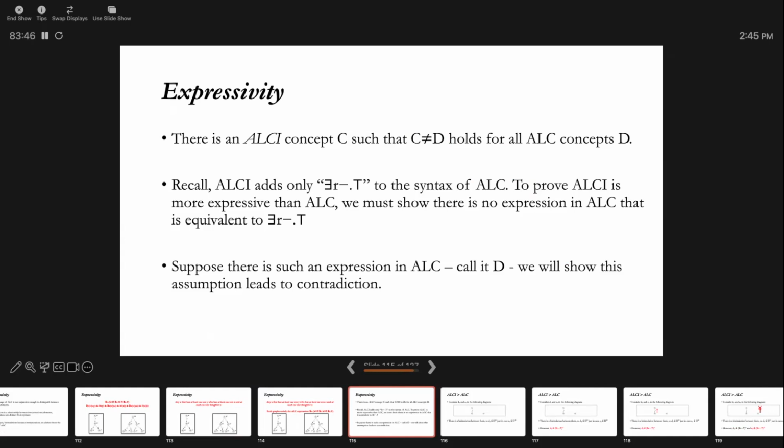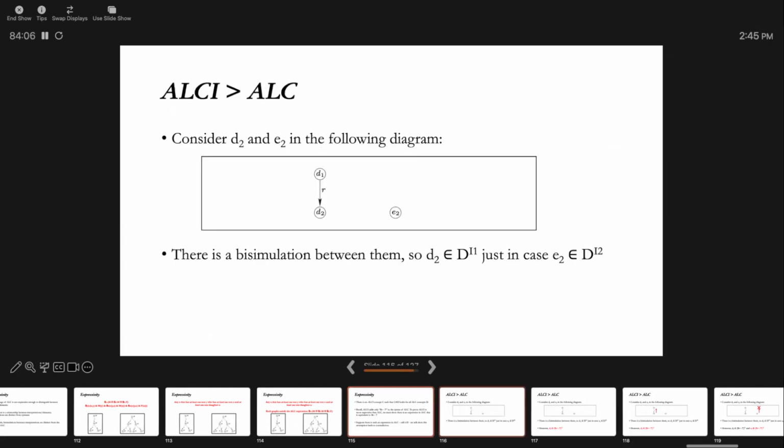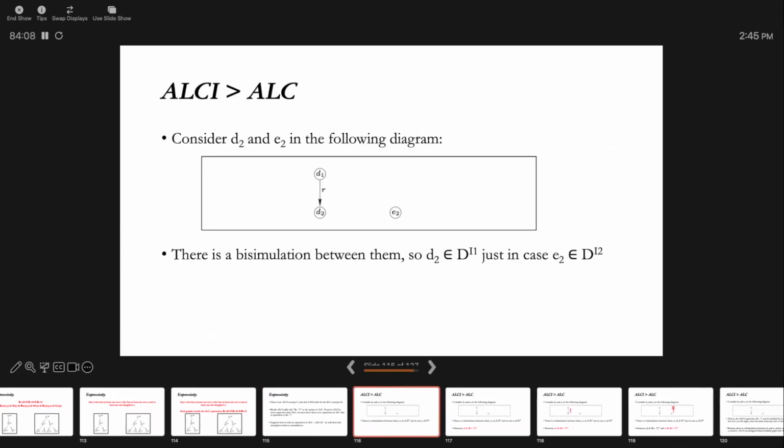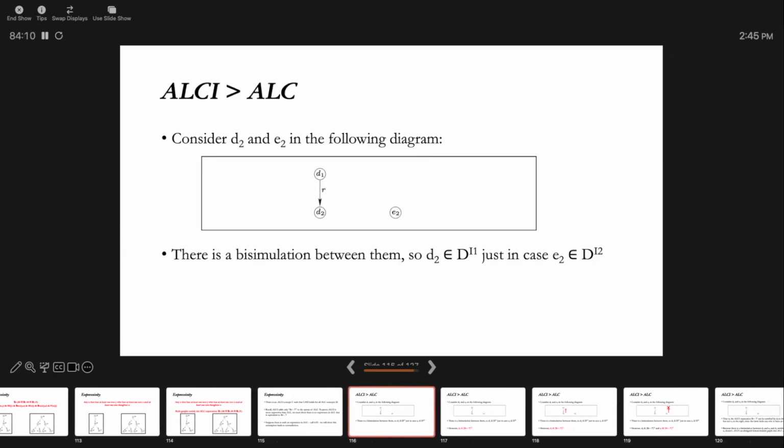To prove that ALCI is more expressive than ALC, we just have to show there's no expression in ALC that is equivalent to the inverse. Suppose there is such an expression in ALC, call it D. We'll show that this leads to a contradiction. And here's how we'll do it, with bisimulation.